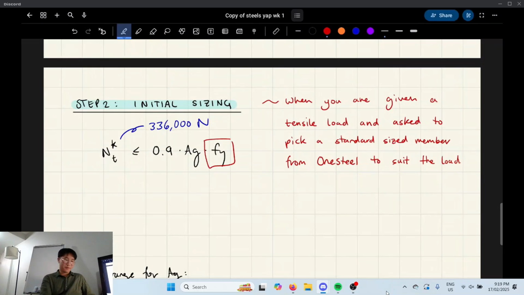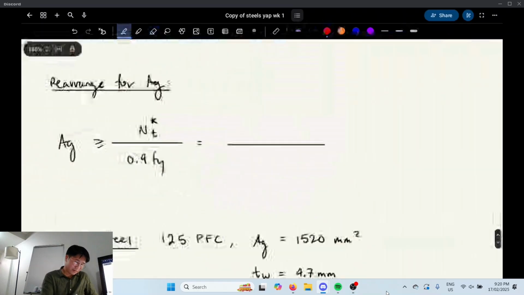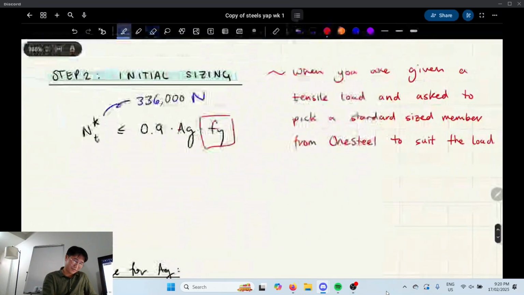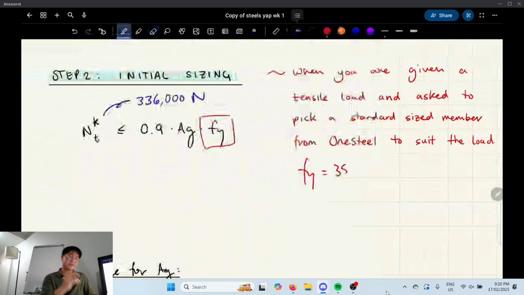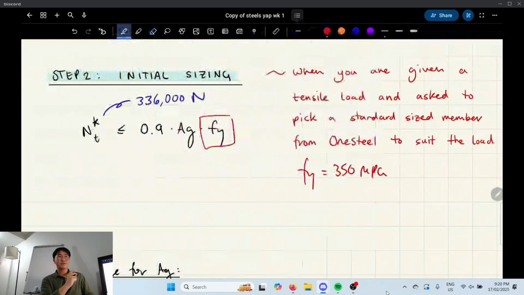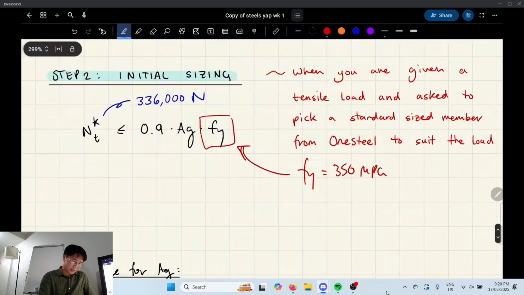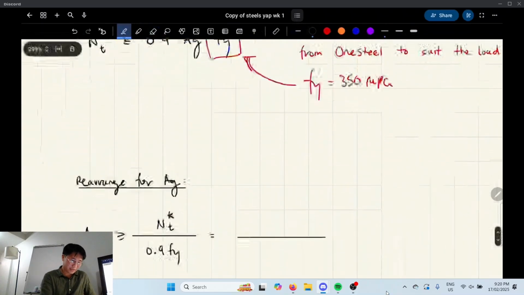Grade 350 is implying that FY is 350. This isn't always the case because it will vary based on the thickness of your flange and web. But for our initial guess, we're going to take FY as 350. So that's plugged in like that. Now we have to rearrange for AG, because that's the thing that's hard to find.